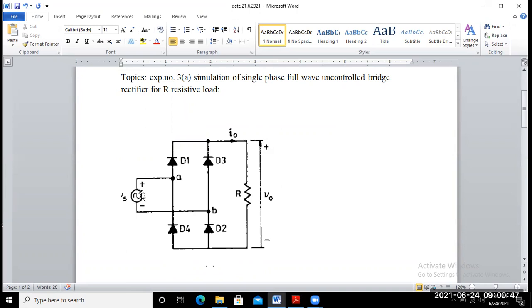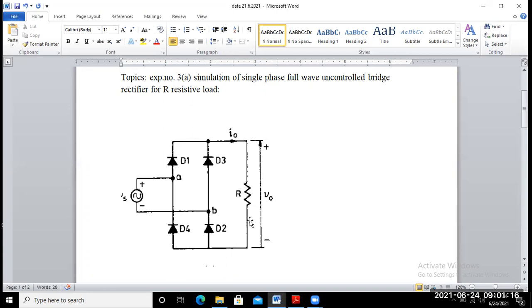Okay. So this is your supply voltage. You already know the waveform variation of the sinusoidal supply voltage, and corresponding to this voltage, what we get for the output voltage waveform. This one represents your output voltage, represented by V0. This one represents R, that means the resistive load.